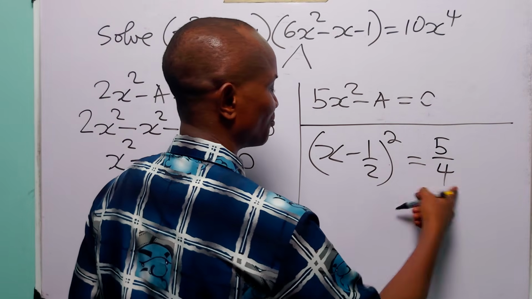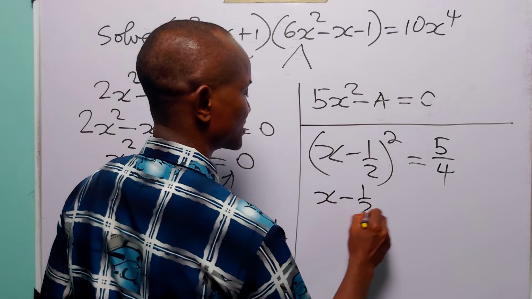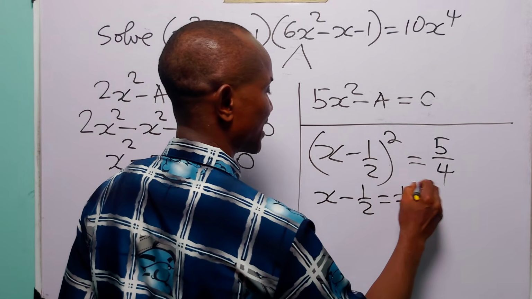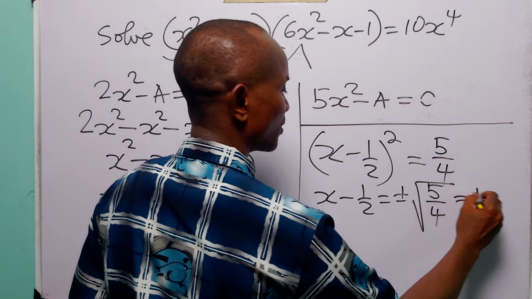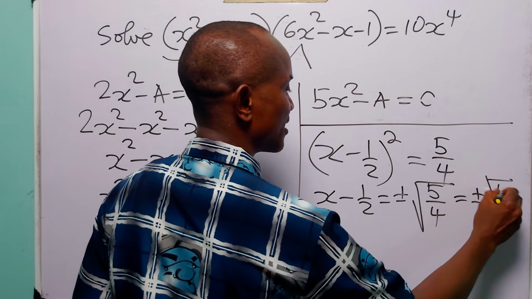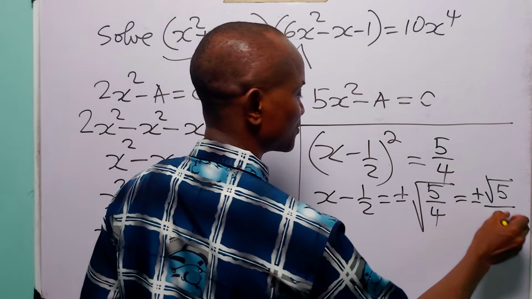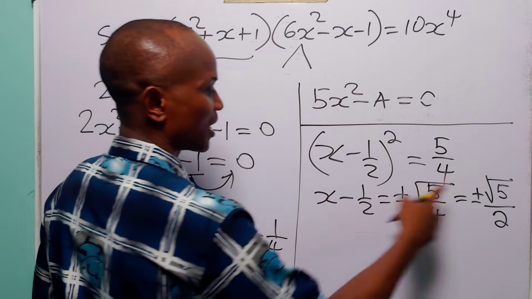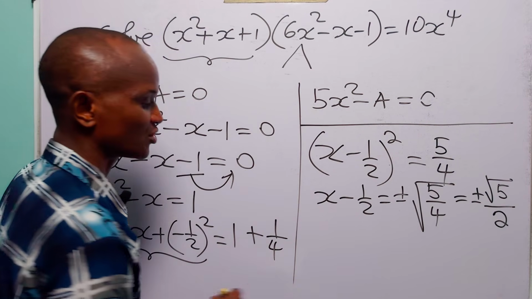Now we take square root of both sides of this equation. When we do that, we have that x minus half is equal to plus or minus the square root of 5 over 4. Now this is equal to plus or minus the square root of 5 divided by the square root of 4, which is equal to 2. And of course, when we add half to both sides of this equation, we have two values of x.